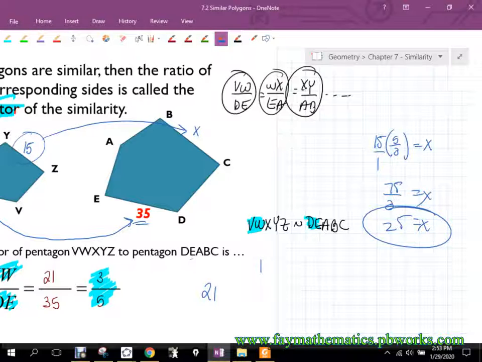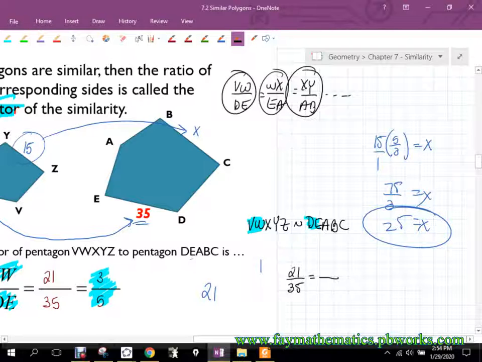Okay? And here's why. I'm always going to say, when I do this process, I want you to learn to deal with similarity the way the definition sets up similarity. Okay? So that you always have a way to get the answer correct. So this is what I do. I always say, okay, so 21 compared to 35. I'm going to set up a proportion.